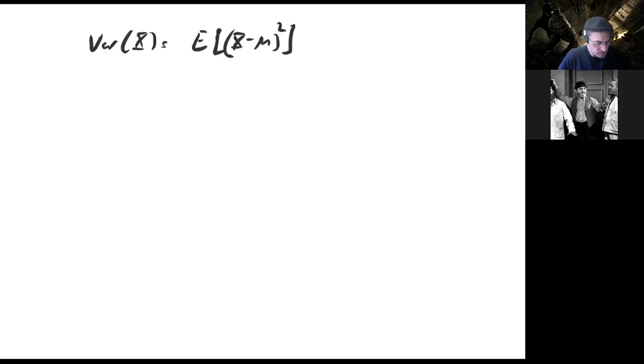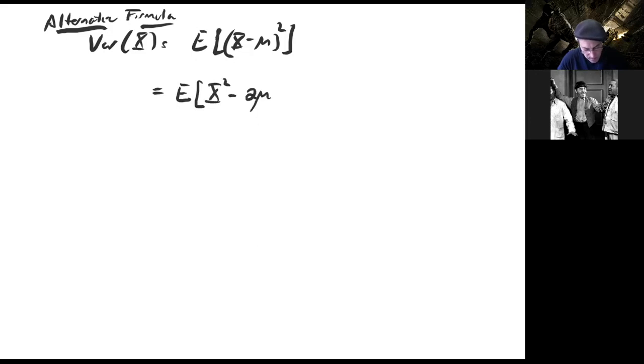So what I'm going to do today is give you an alternative formula, which is usually easier to compute with. So what you do is you first write what this X minus mu squared actually is. It's x squared minus 2 times mu times x plus mu squared.